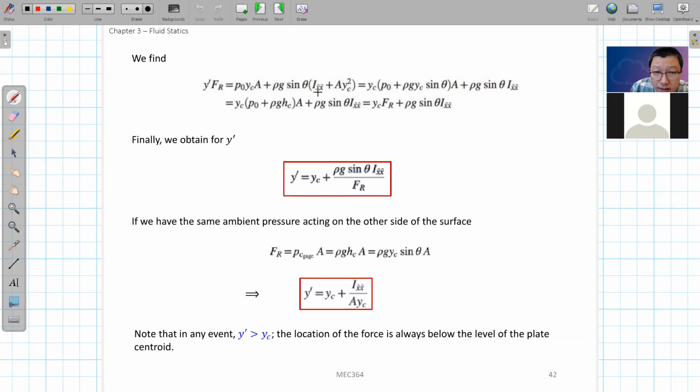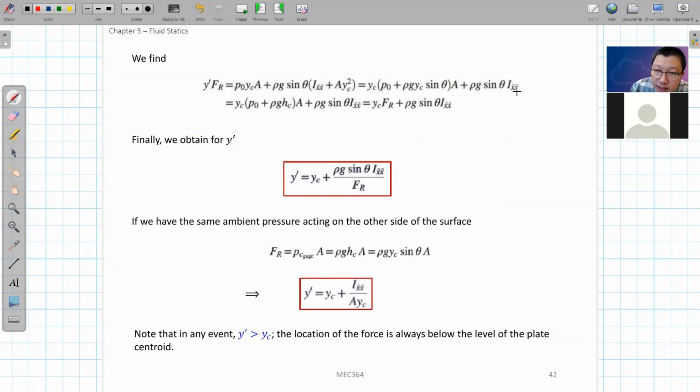We have area here, we have YC here, we have YC here, area here. So we combine the terms with this area and YC, and we also have a term for this Ix hat. This is the second moment of area about the x-axis across the centroid.